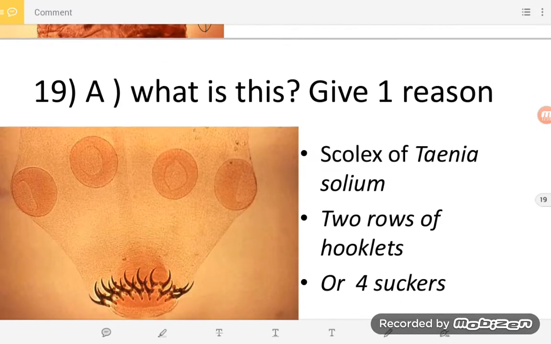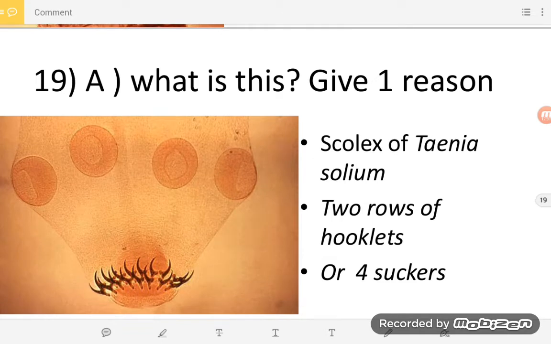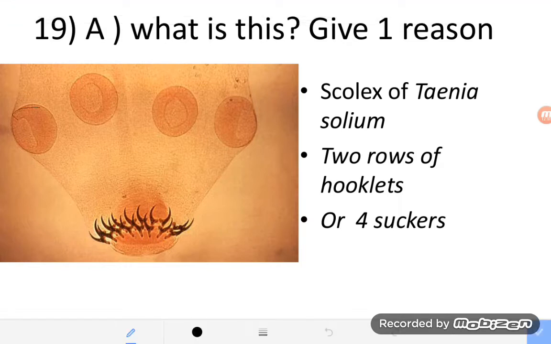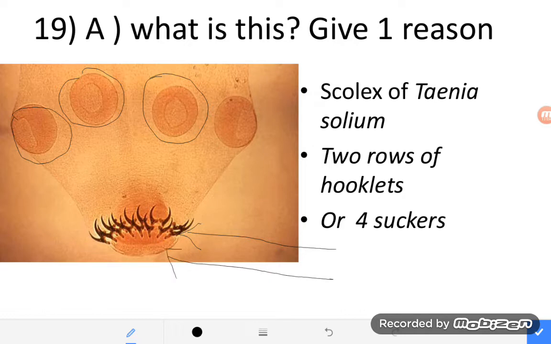Then what is this? Give the reason. This is the scolex of Taenia solium, and the reasons are 2 rows of hooklets and the rostellum. Here this is the sucker, which is common for Taenia solium and Taenia saginata. This is the 2 rows of hooklets, and this is the globular rostellum.